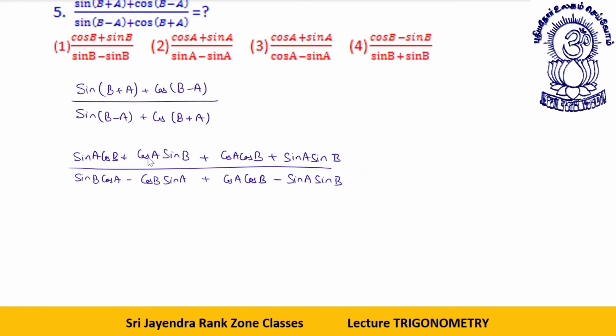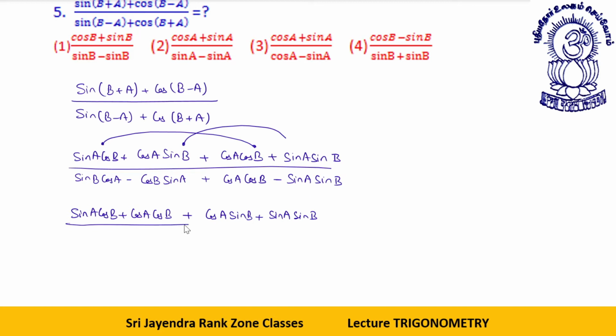How will I club things? Look, I can club sin A cos B and cos A cos B. Here I'll take cos B common. From these two terms, I write cos A sin B plus sin A sin B. Next, we have sin B cos A, and I will club this with minus sin A cos B. These two terms I'll club.